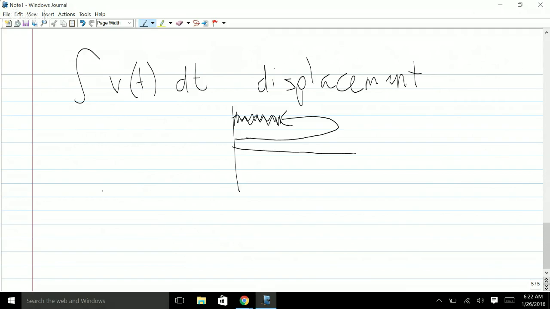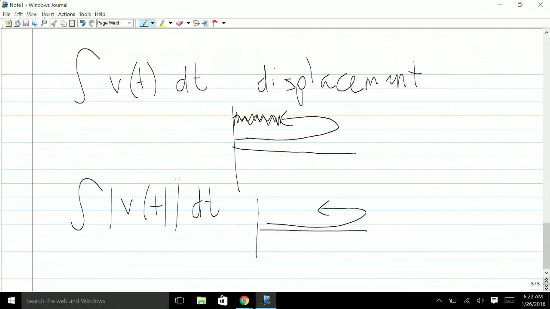Okay, the absolute value, if you do that same track, because this is a negative velocity here, it actually changes it to a positive.